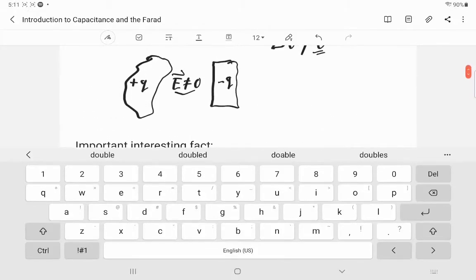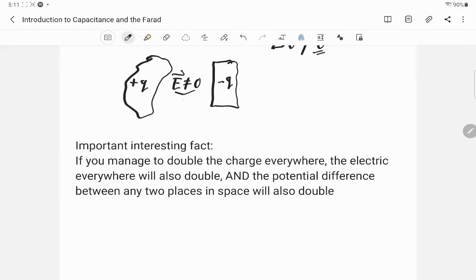If you were to imagine, there's an electric field in the space between these two conductors, right? But instead of just separating little q, what if I separated twice q? Then the doubled charge separation would lead to a doubled electric field everywhere.